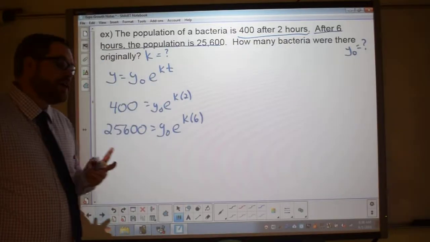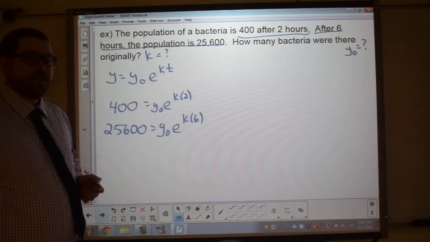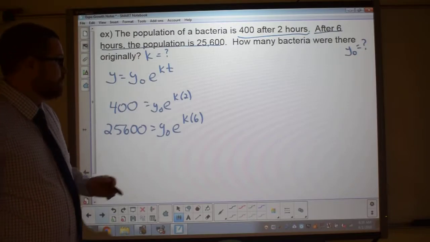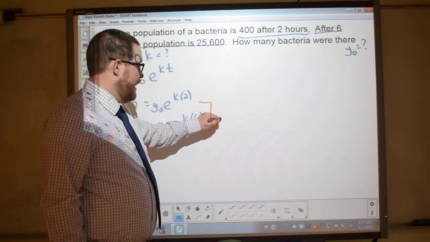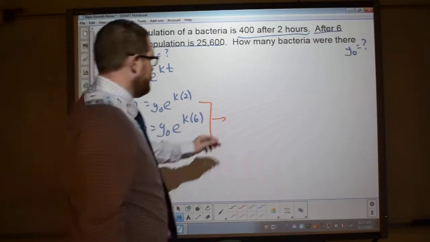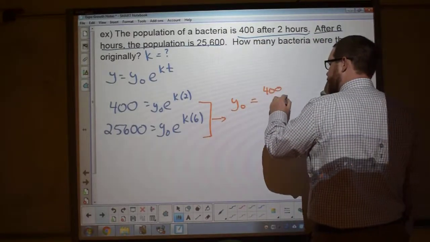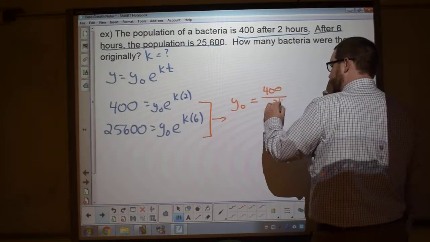I have two equations that I can't solve because they have two variables. But if you have two equations and two variables, you can solve them. I'm going to solve both of these for y initial, y naught. So this one becomes y naught equals 400 over e to the 2k.